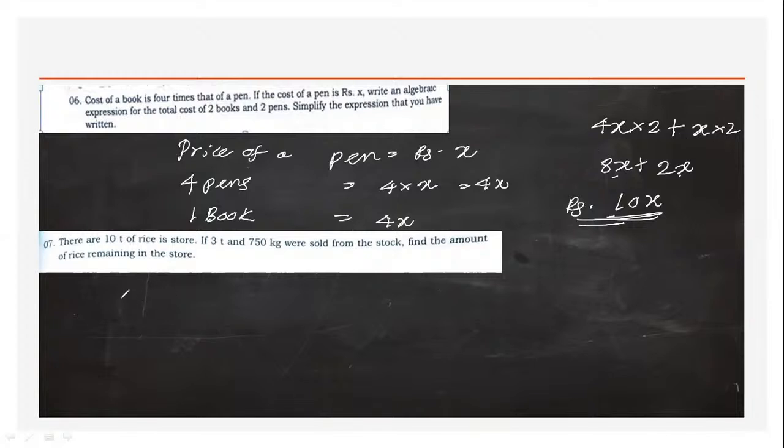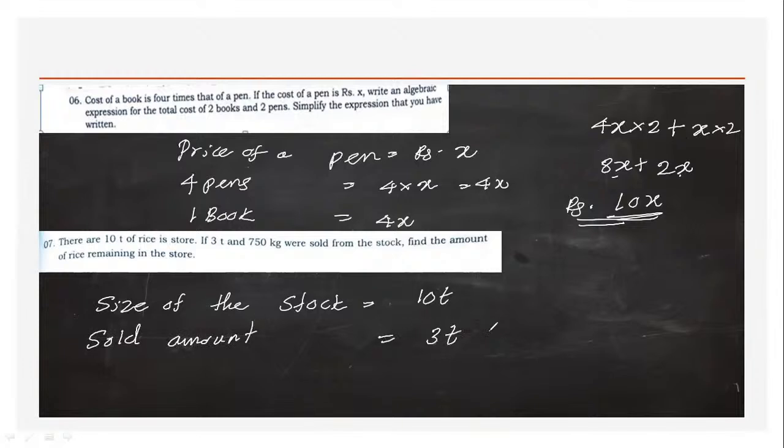Then we can write: the size of the stock equals 10 tons. The sold amount equals 3 tons and 750 kilograms.